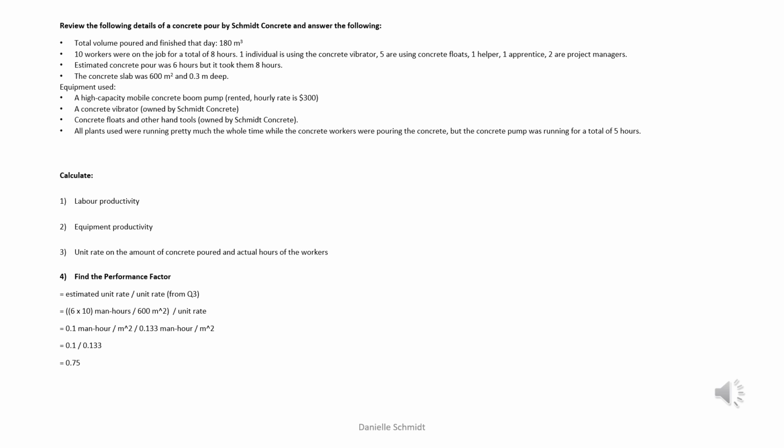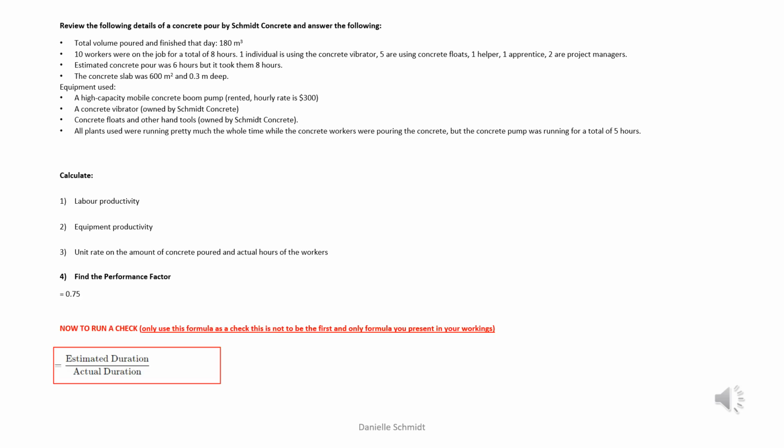Now that 0.133 has just been capped because our result from question 3 was very long, but that's okay. 3 decimal points is plenty. It won't affect your end result there. So we have 0.1 divided by 0.133. Why? Because the man hour per meter squared cancels each other out in this particular equation, and we end up with 0.75.